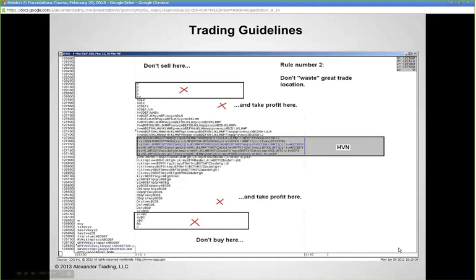So maybe I'm already long, and price is up here, trading above this high volume node. Well, at this point, if I'm long down here, now I can bring my stop up to here. But if I don't have a position on, and not having entered at the extreme, if I'm here and I'm trading this market, the only edge I have is to do this. But eventually, the market is going to trade out of this range, and then the process starts over again.